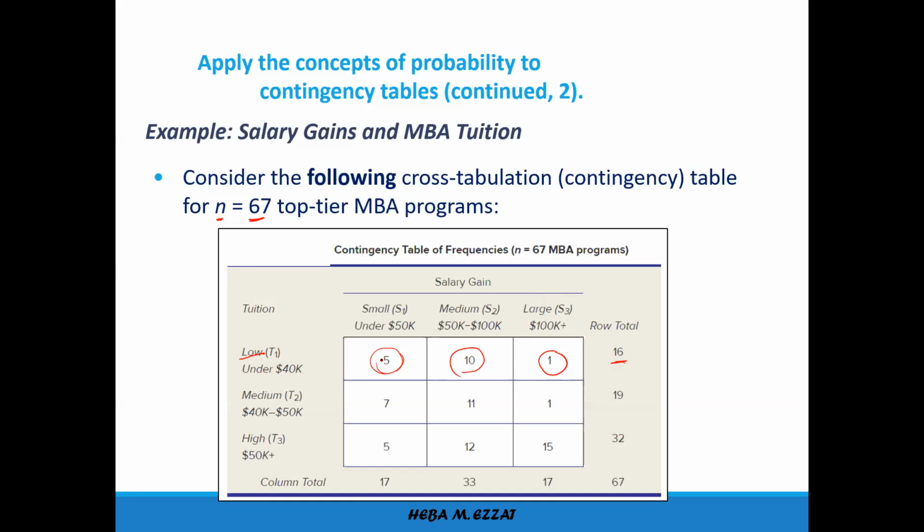These are the intersections. Don't confuse them with the intersection of probability. Here we mean by intersection the point where the column intersects with the row. And these totals are called the marginal totals.